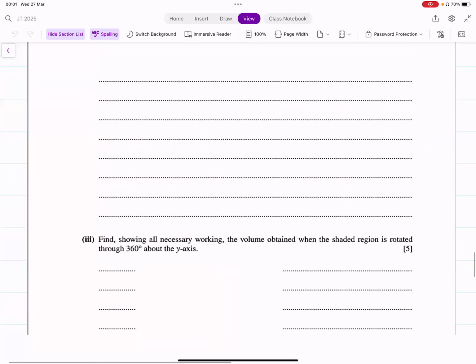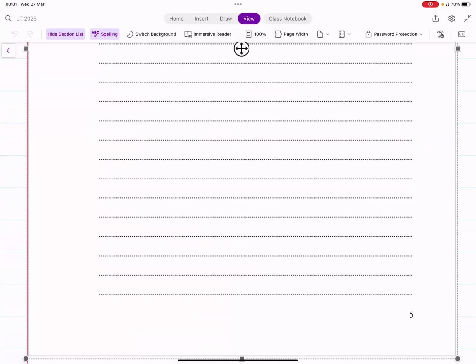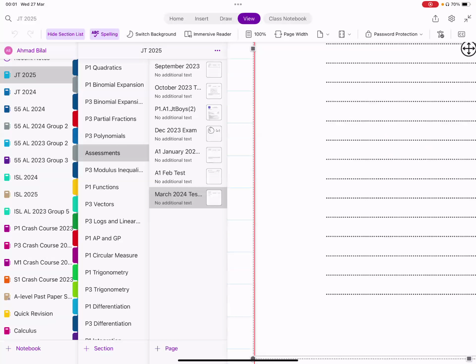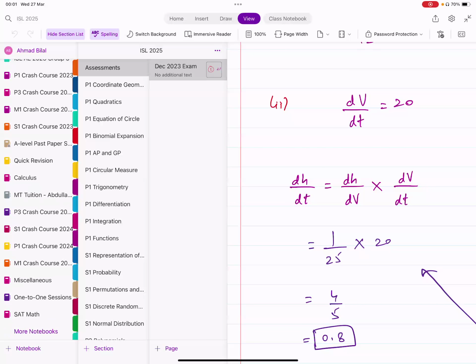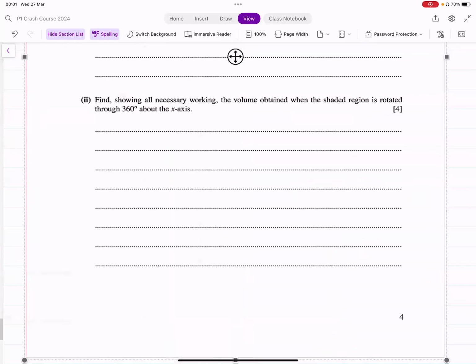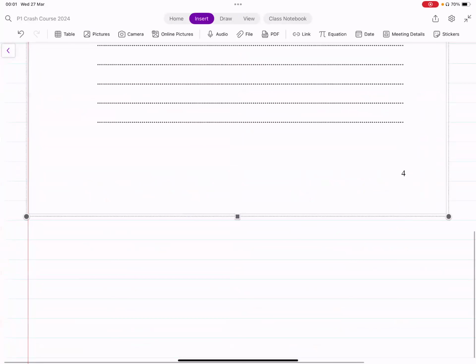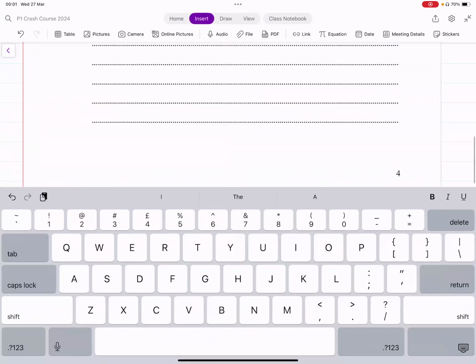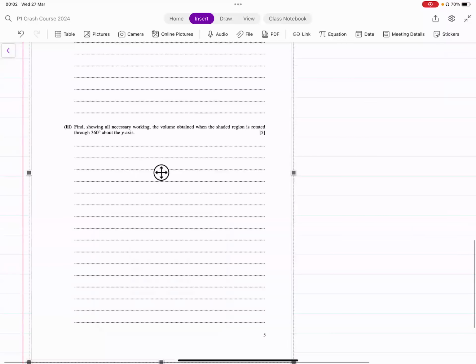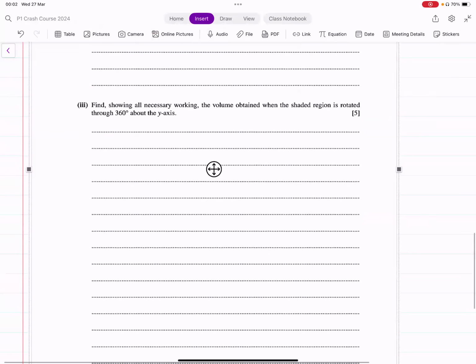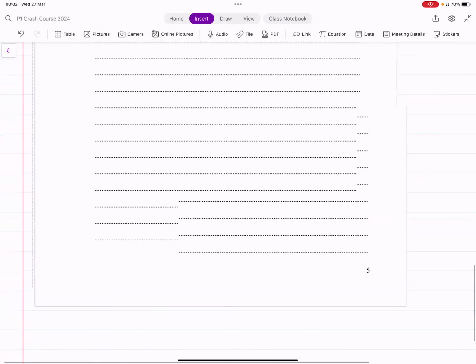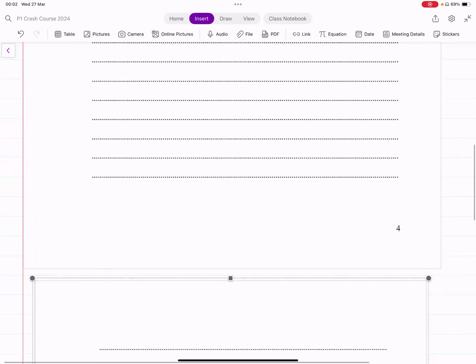This was the first page and this is the second page. So it's there in your OneNote notebook now.